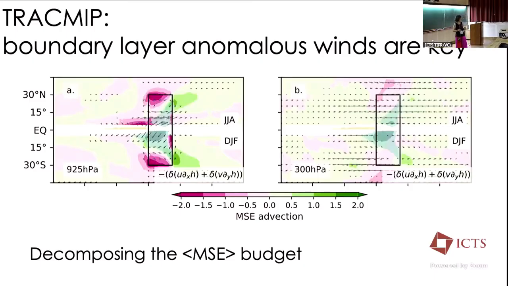We get a similar response in terms of east-west contrast, but when you do the decomposition of the MSE budget, we see that between close to the surface and high up in the atmosphere, what wins is what's happening at the surface.